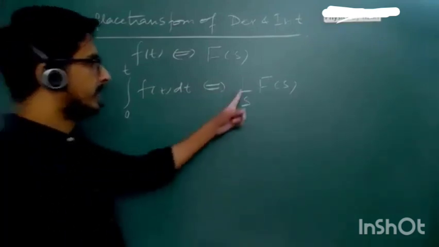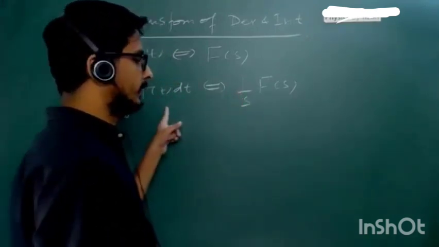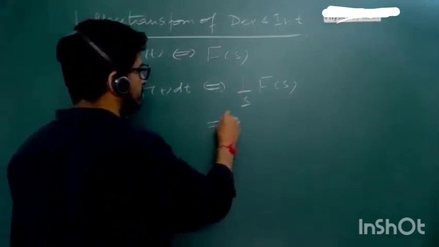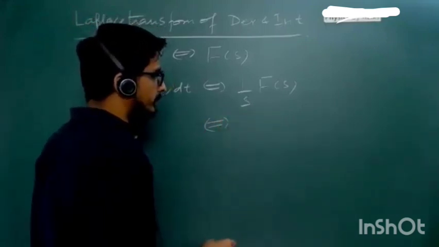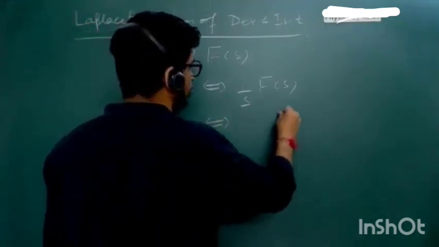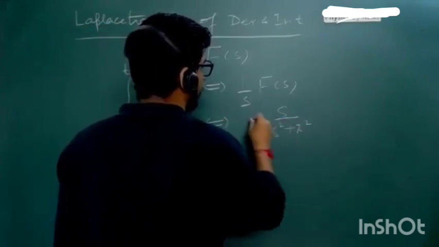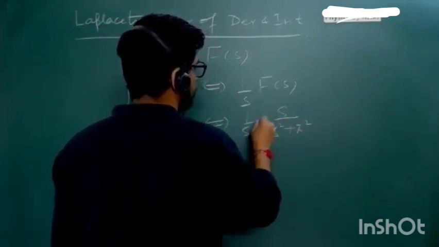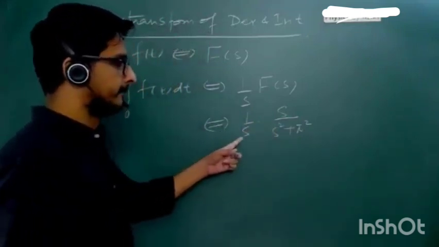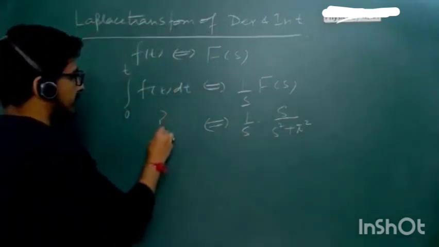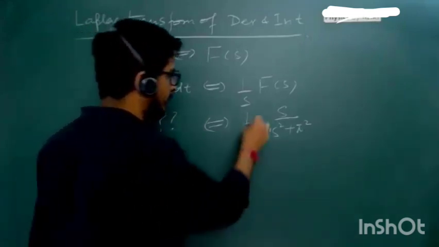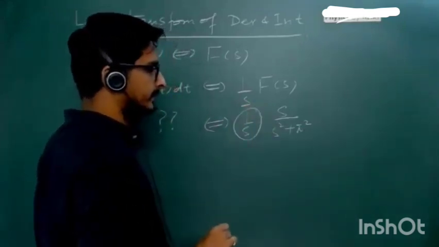So whenever 1 upon s comes, for example, suppose I write s by s square plus pi square and into 1 by s. Suppose this is written and I want to know what the inverse Laplace is. Please see this, very very important. 1 by s is multiplied.